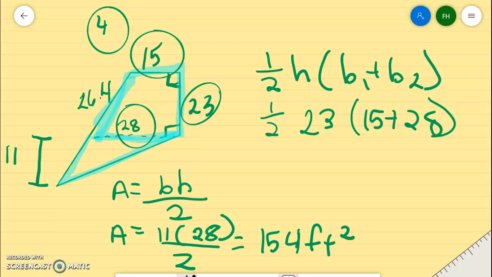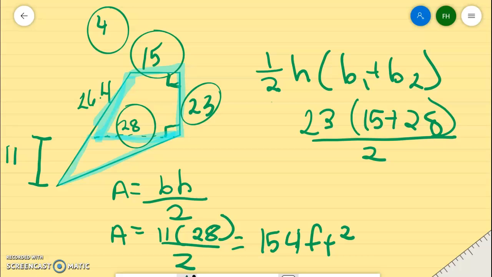So if you do 1/2 of, let's see, yeah, instead of doing 1/2, you can just divide by 2 after you get your answer.